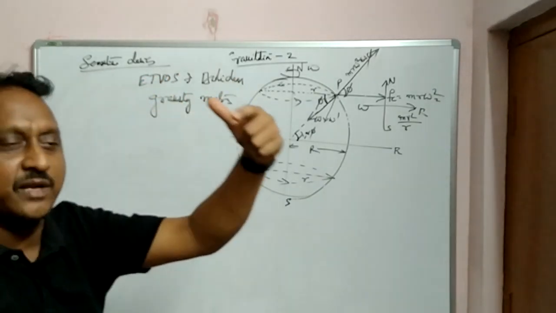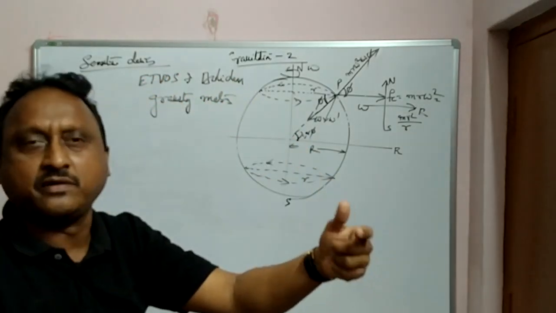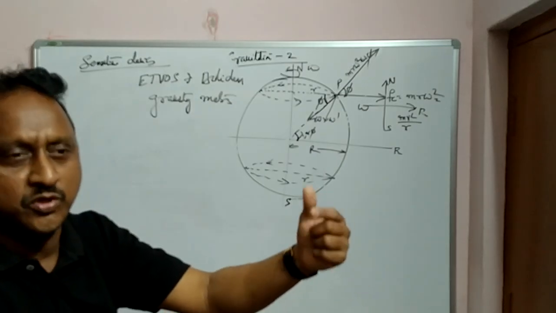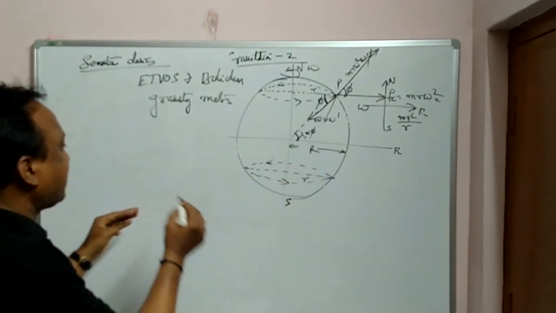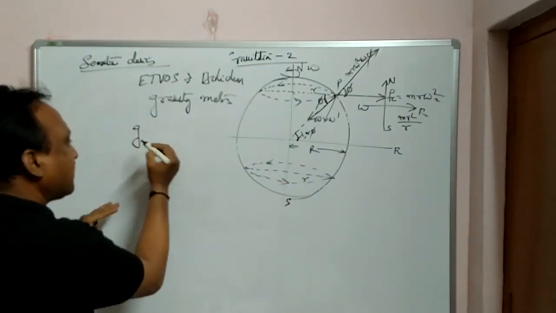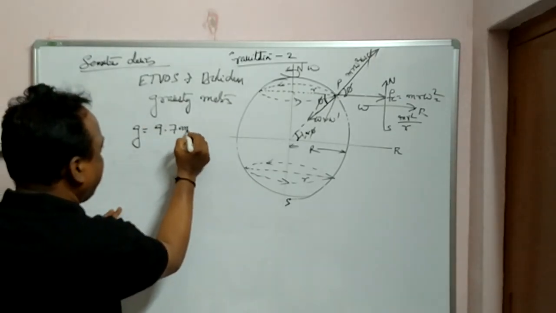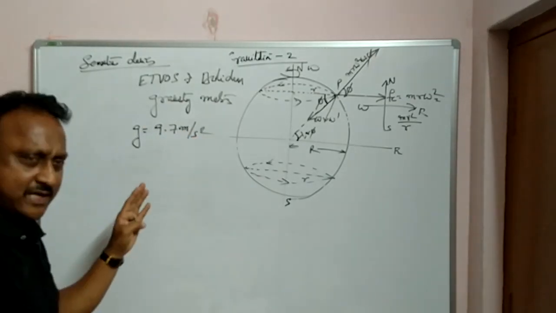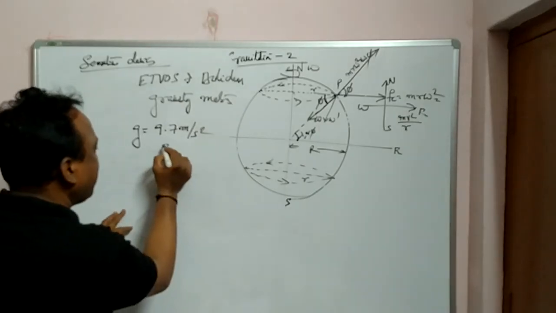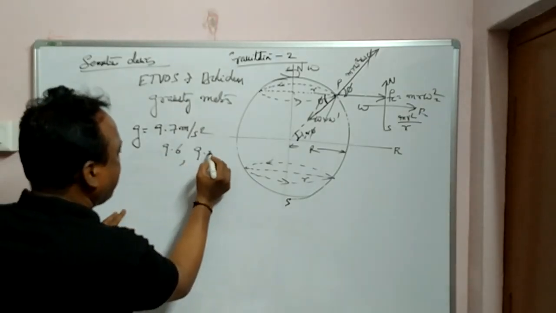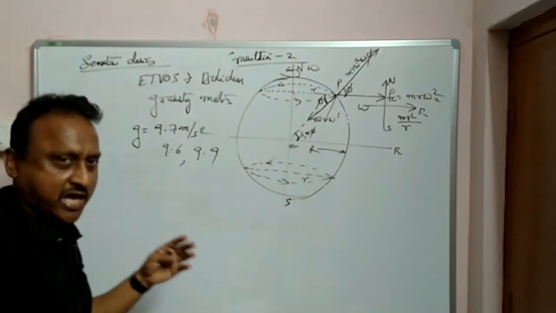When you take them to certain places where you have to find out the small g value due to mineral deposits, it was observed that the value was slightly increasing or decreasing. The G value is found around 9.74 meter per second square, or sometimes it may be 9.6, or sometimes it may be 9.8 and 9.9 also.